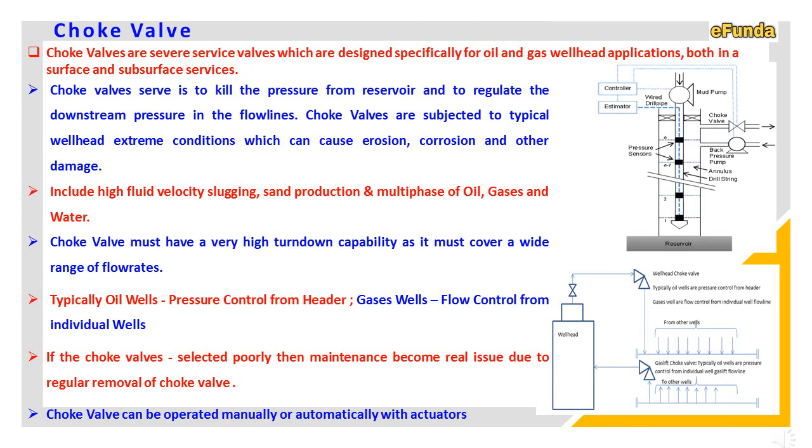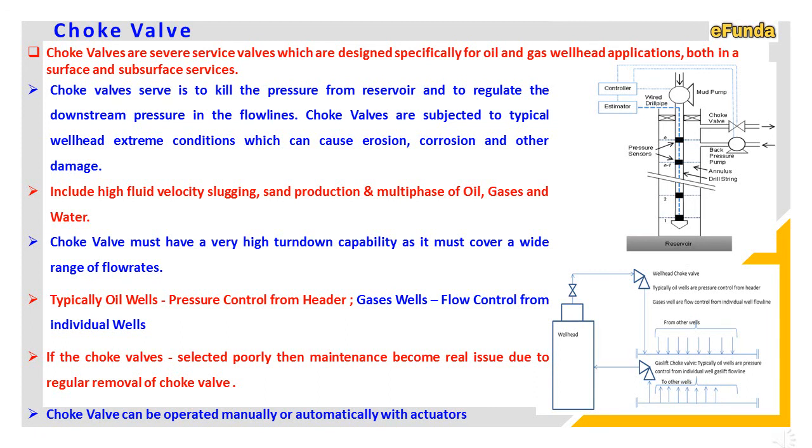Typically, oil wells are considered for pressure control from a header, whereas gas wells are typically for flow control from individual wells. If choke valves are selected poorly, then maintenance becomes a real issue due to regular removal of a choke valve for maintenance and refixing at position.